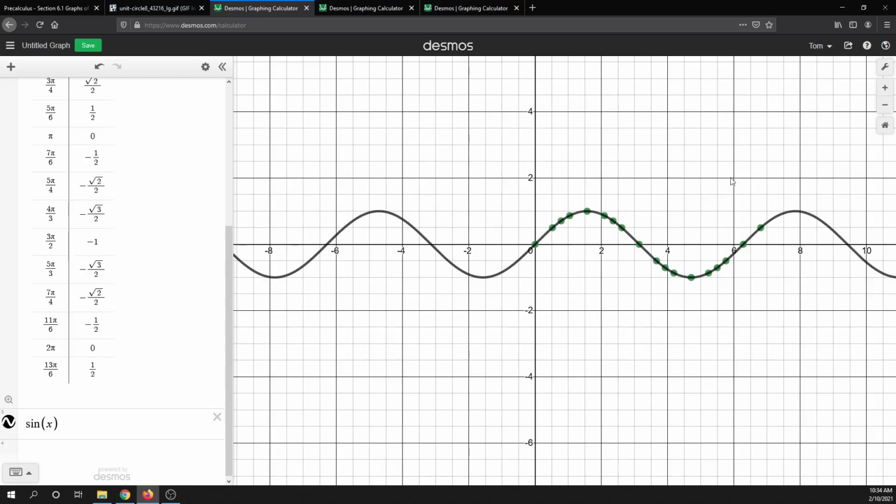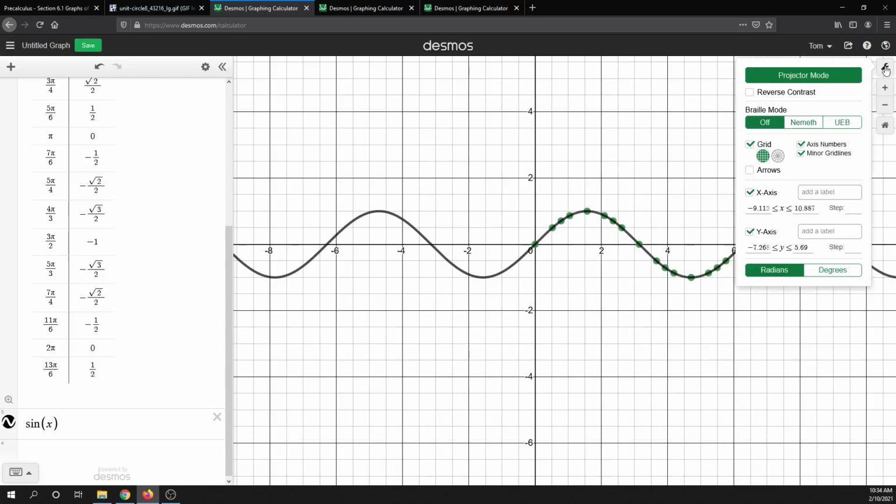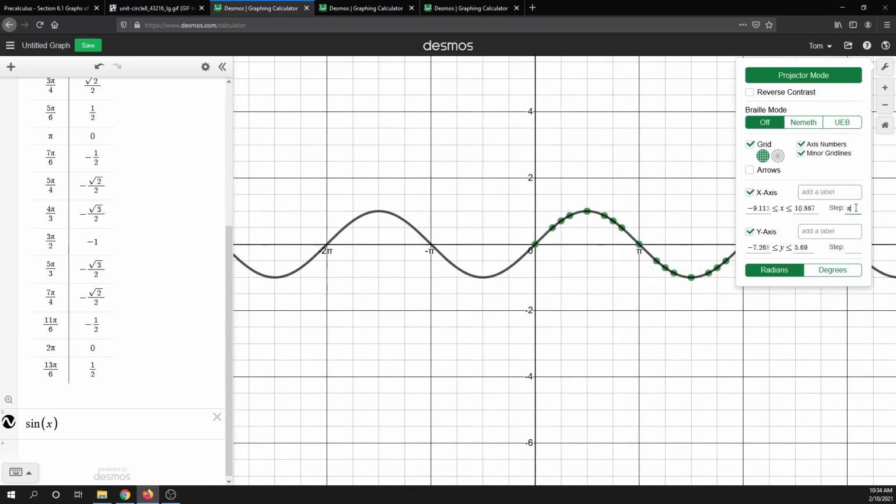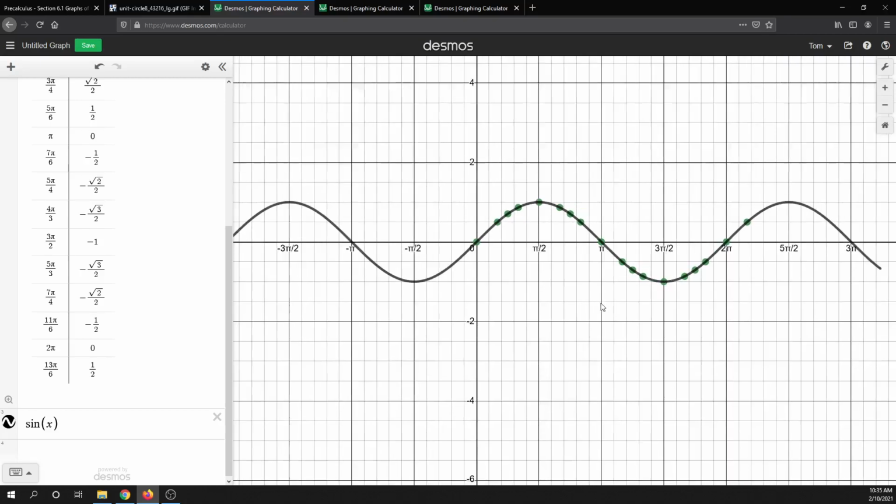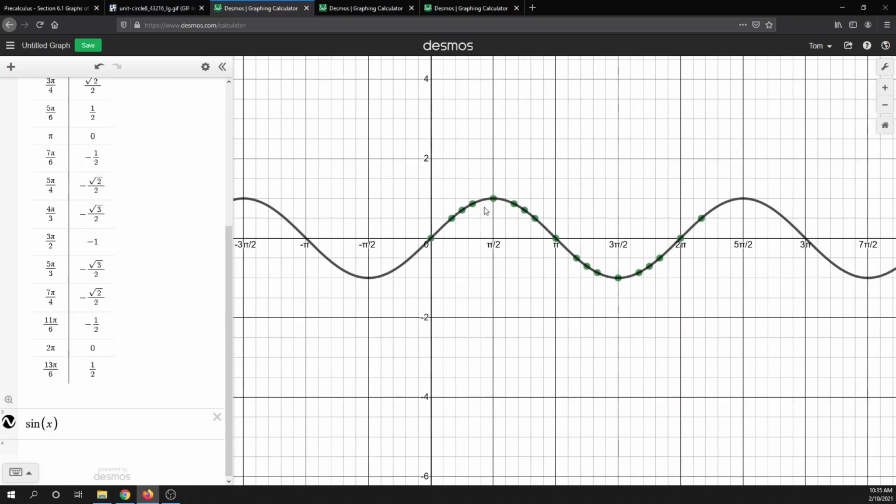One good thing you can do on Desmos is, if you adjust the step over here on the x-axis, you can put in a pi in there, and it will change it so that the x-axis is multiples of pi, and then you can zoom out and it can show you exactly where those points of interest are, where it crosses the x-axis right here at 0, pi, and 2 pi, and also where the highest points are.